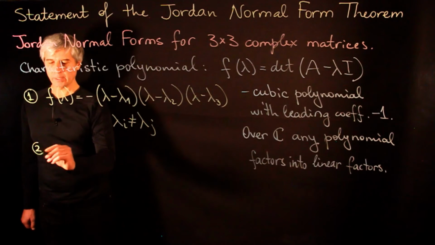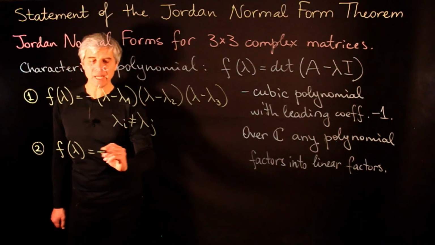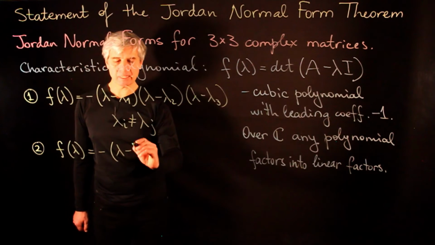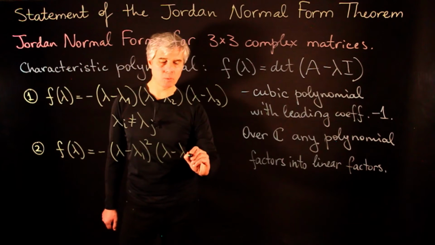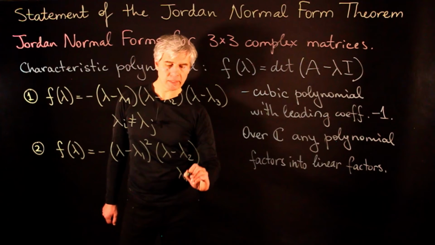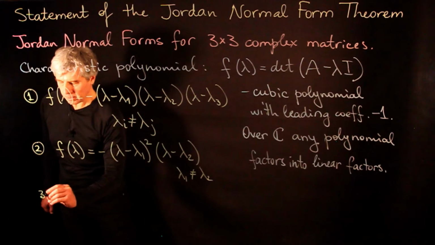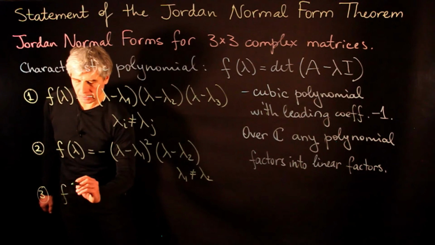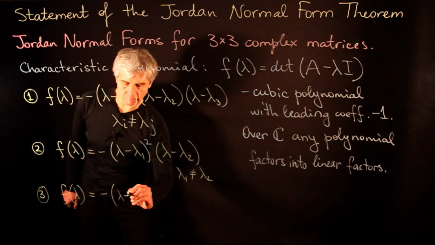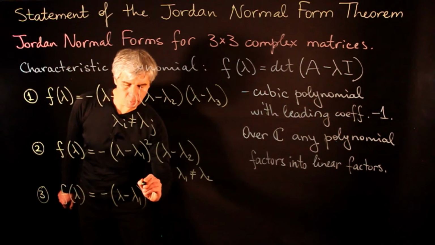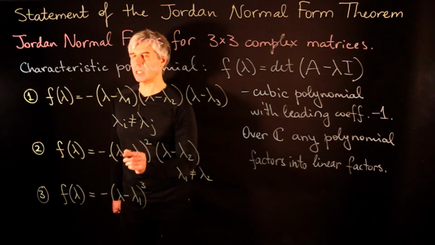Case 2, we could have f of lambda being minus lambda minus lambda 1 squared times lambda minus lambda 2, where lambda 1 is different from lambda 2. And case 3, f of lambda could be minus lambda minus lambda 1 to the power of 3. These are 3 possible types of factorization of a cubic polynomial.